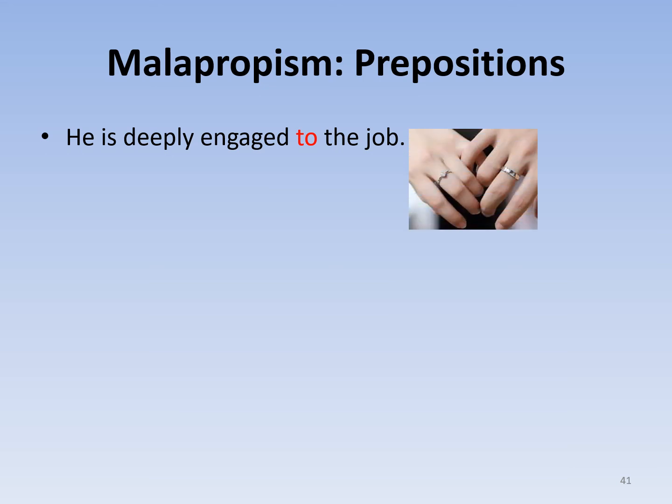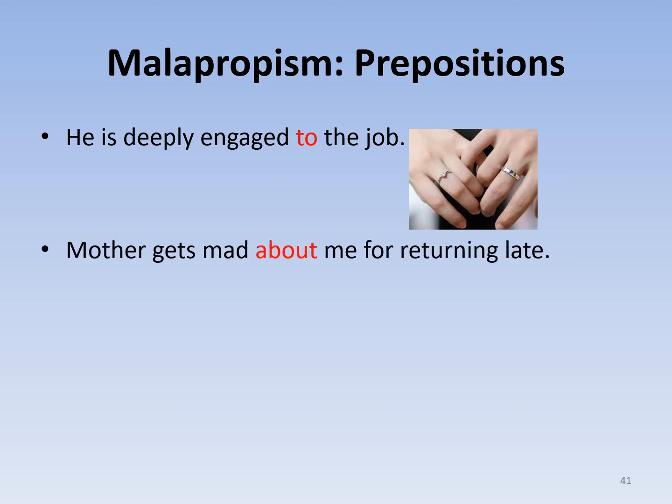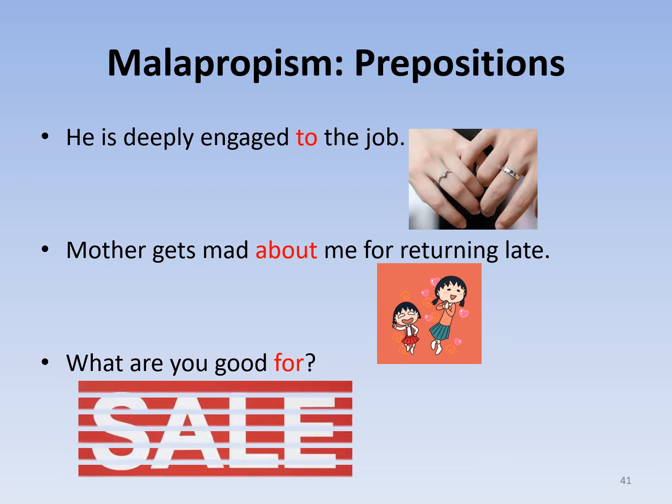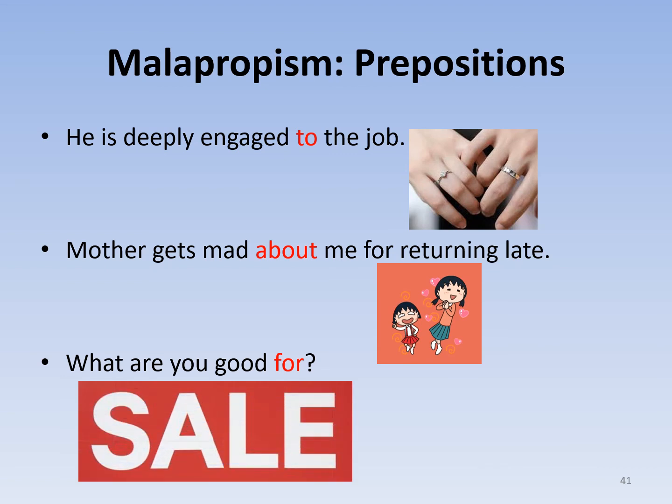If we say "deeply engaged to the job," that means, oh, the job is about to get married with me. And my mom gets mad about me. She really loves me. Or, for example, "what are you good for?" That is insulting, isn't it?